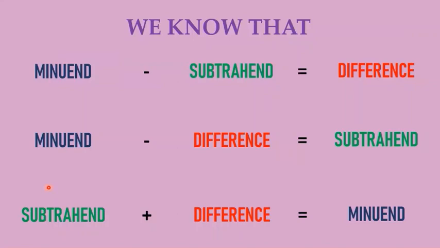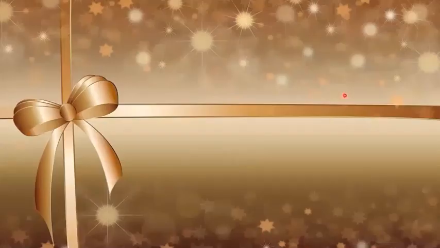These 3 points are very, very important, children. Learn this already. We have learned this in 3rd class. But this year we are going to do many problems with these, for checking the subtraction and all also, children. Okay, now let us start our example.